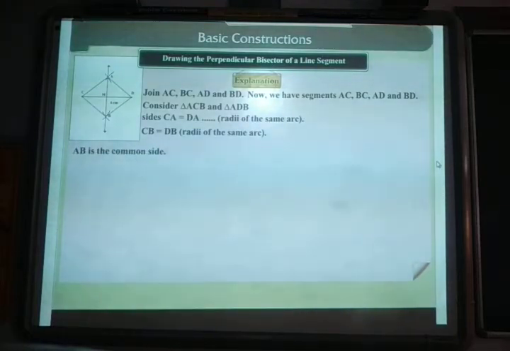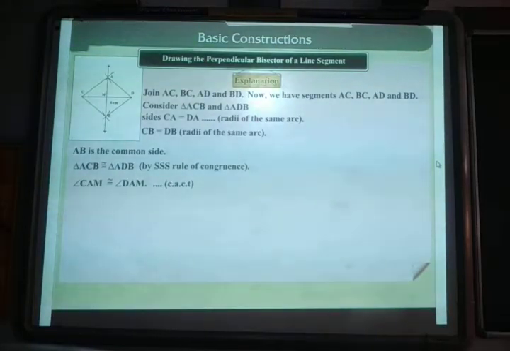AB is the common side. So, by the SSS rule of congruence, triangles ACB and ADB are congruent. Hence, the corresponding angles will be congruent. So, angle CAM is congruent to angle DAM.